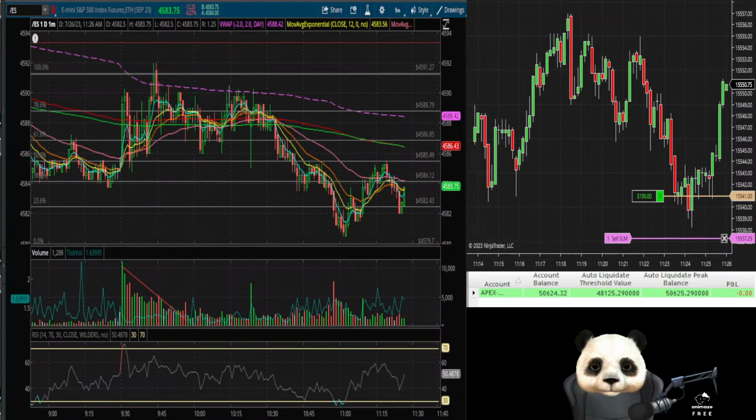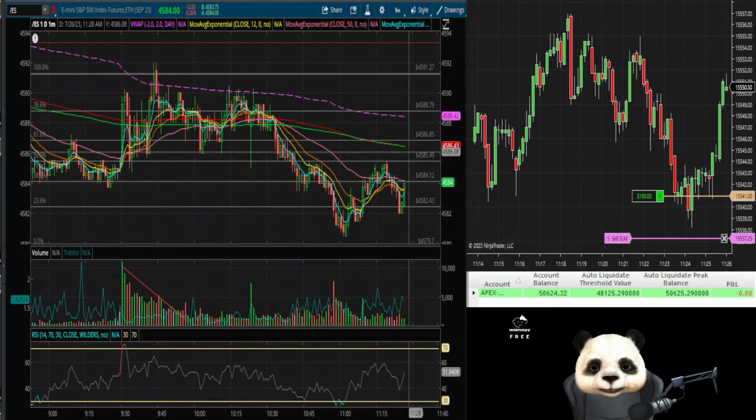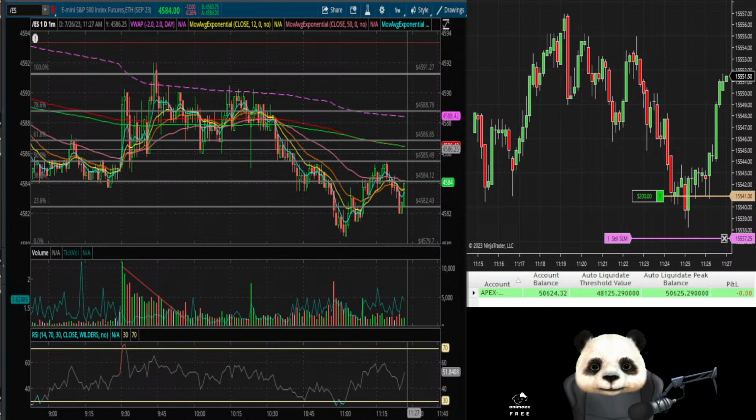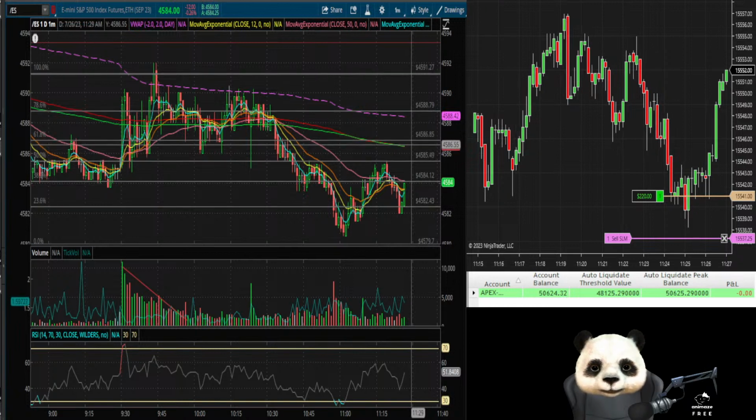Could have just been a slight pullback here. We'll see. I don't like that we're back below these EMA levels on the S&P. Got to get above the 50. Kind of retest this 200 and see what we do there.